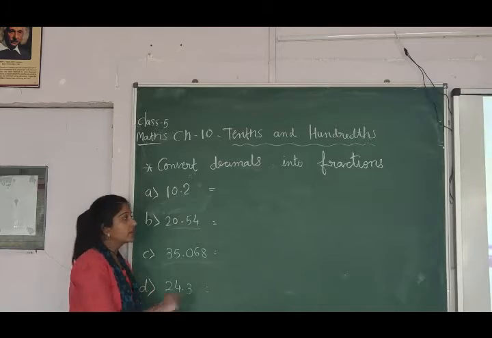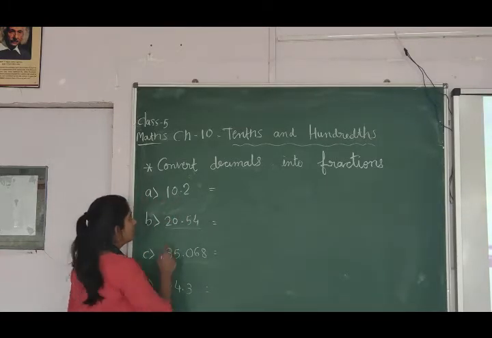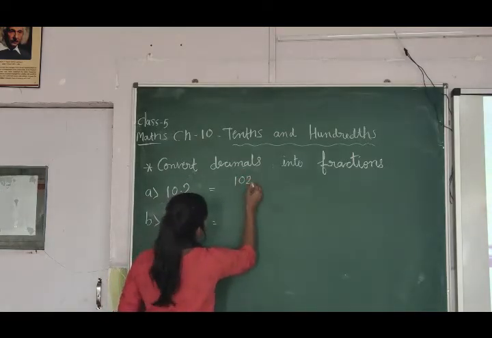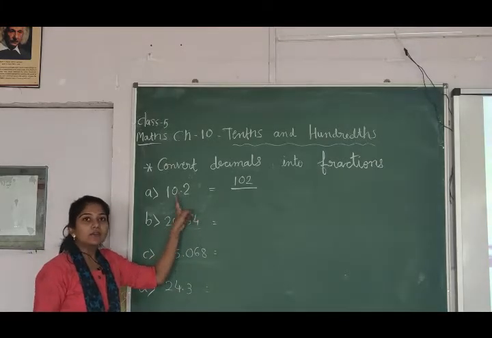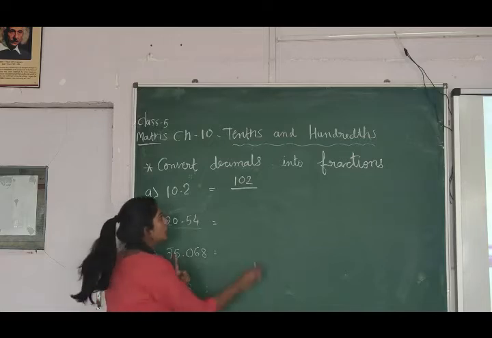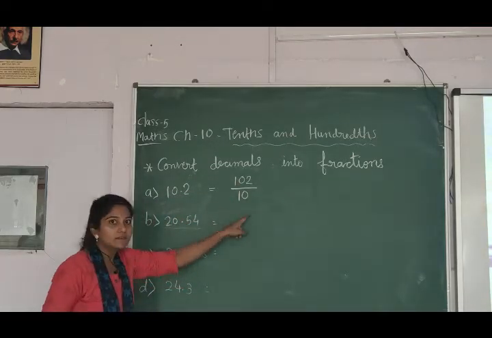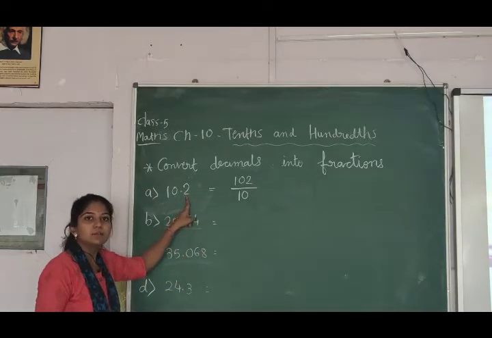First you have to write the decimal number without the decimal point. For example, 10.2, so you write 102. Then how many digits are there after the decimal point? There is 1 digit, so you write 1 followed by 0. You write 1 followed by as many zeros as there are digits after the decimal point.